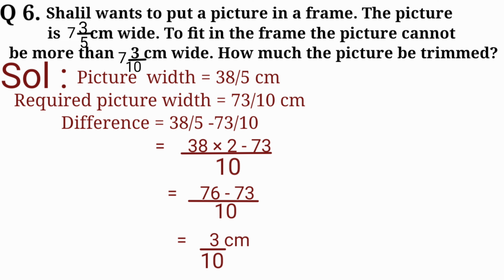So 5 2s are 10, so 38 2s are 76, minus 10 ones are 10, so 73 ones are 73. After doing subtraction, 76 minus 73 is equal to 3. So 3 upon 10 width should be trimmed to fit that particular picture into that frame.